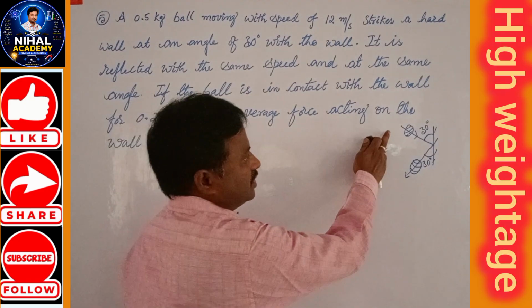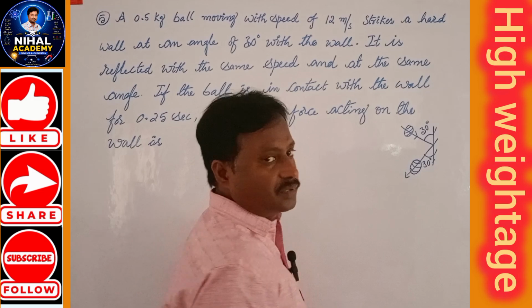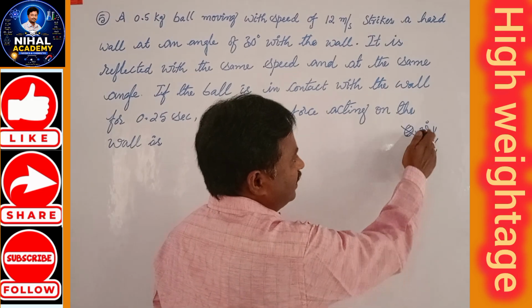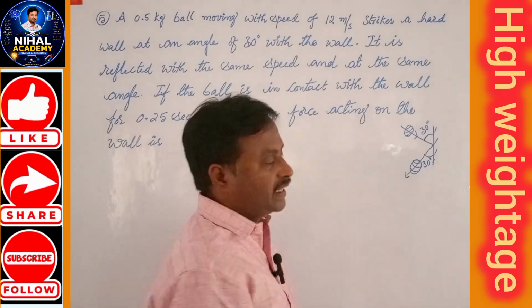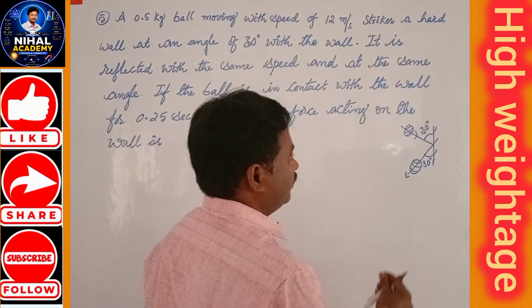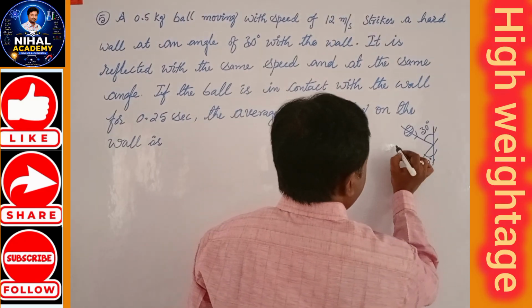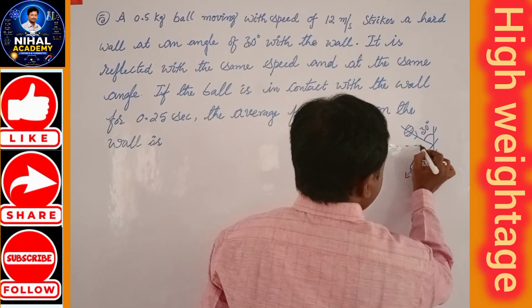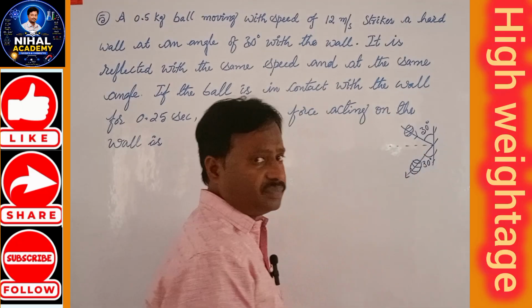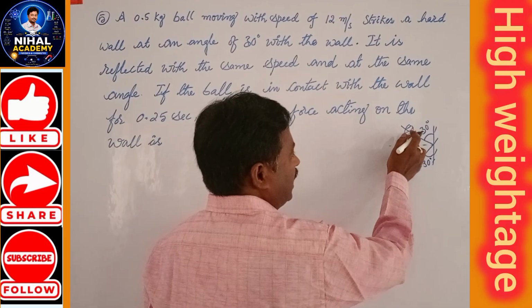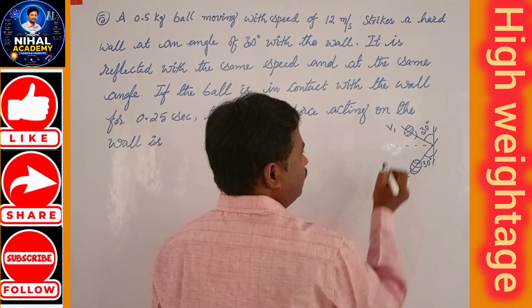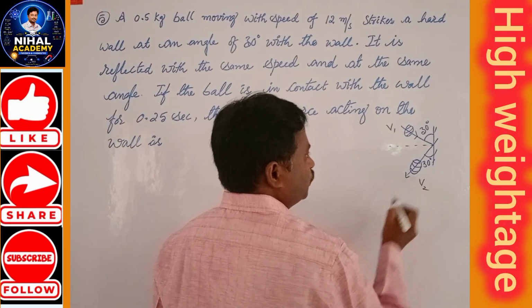Now the ball hits the wall at a 30 degree angle and is reflected back at a 30 degree angle. Now here we have to find the resultant vector, which is in the direction of the normal. For example, this is v1 and here the velocity is v2.